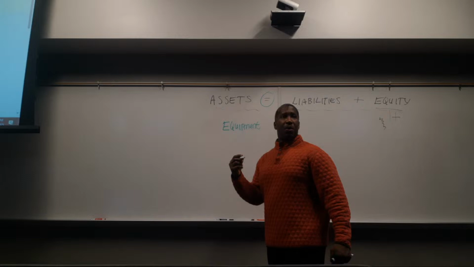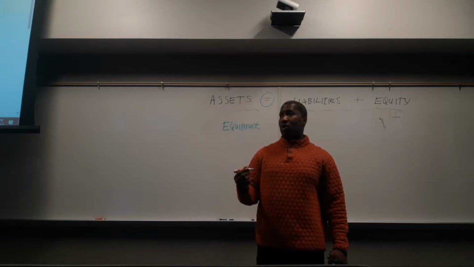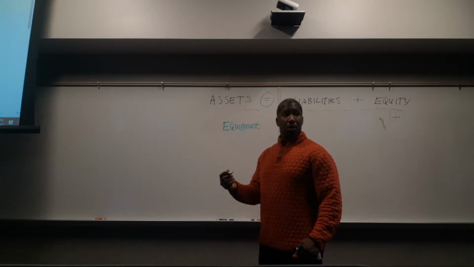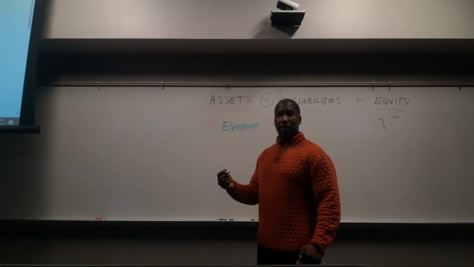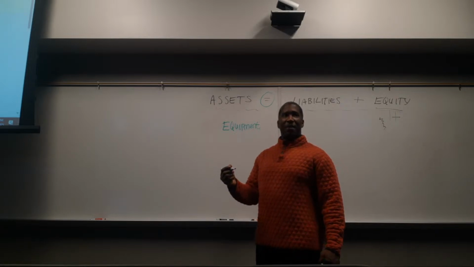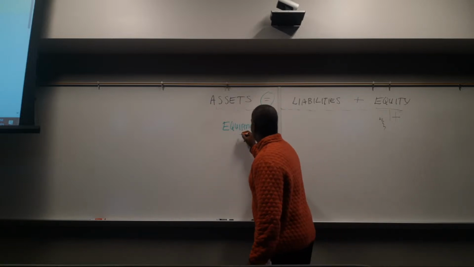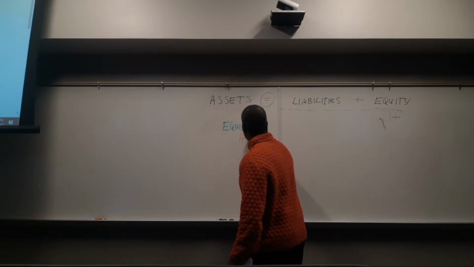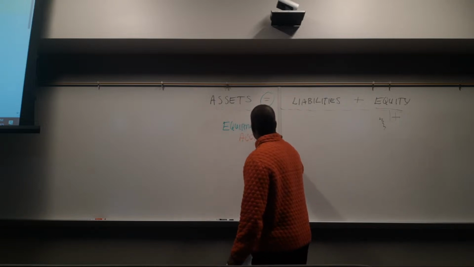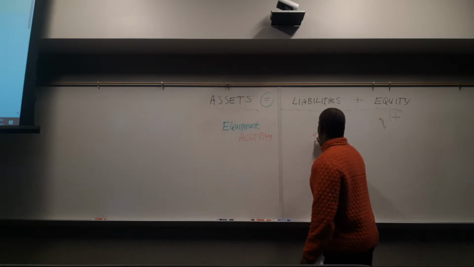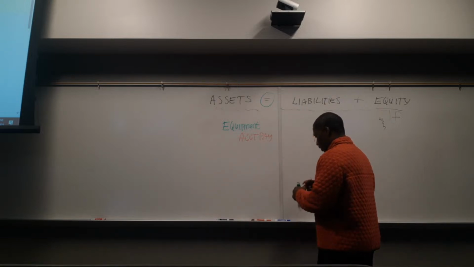So how do I show an increase in liabilities, with a debit or a credit? Is it with a credit? Good, there we go, okay? Accounts payable for $9,600.